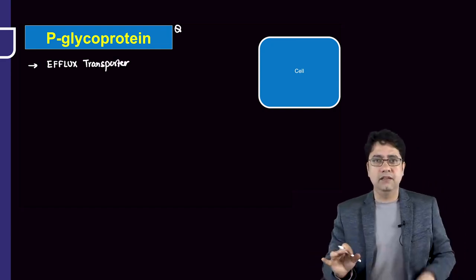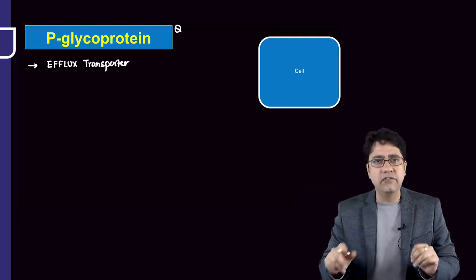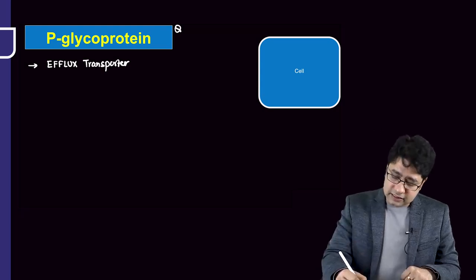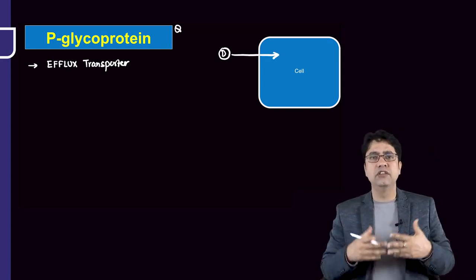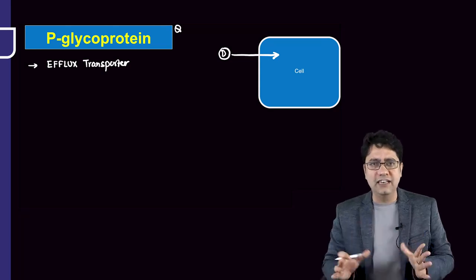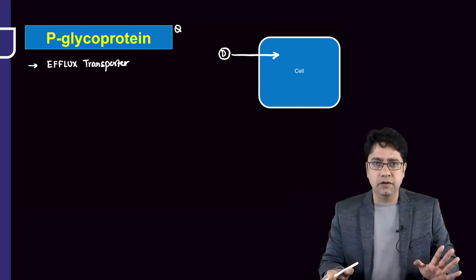Now, what does it mean? Let's understand. We have discussed various pathways of drug absorption. We discussed that drugs through various pathways were crossing a cell by simple diffusion, aqueous diffusion, facilitated transport, etc. Now, let's say the drug has been absorbed.